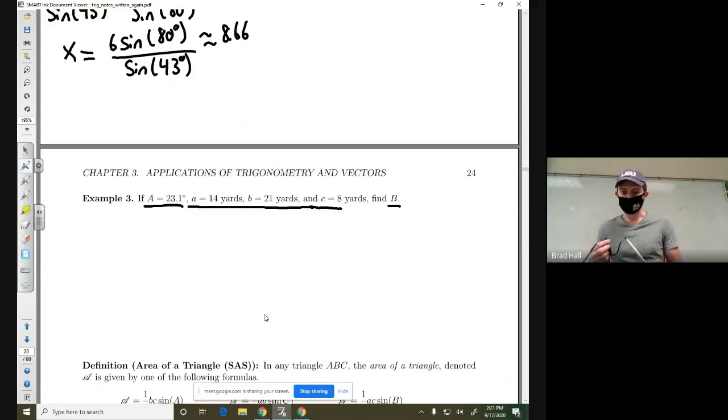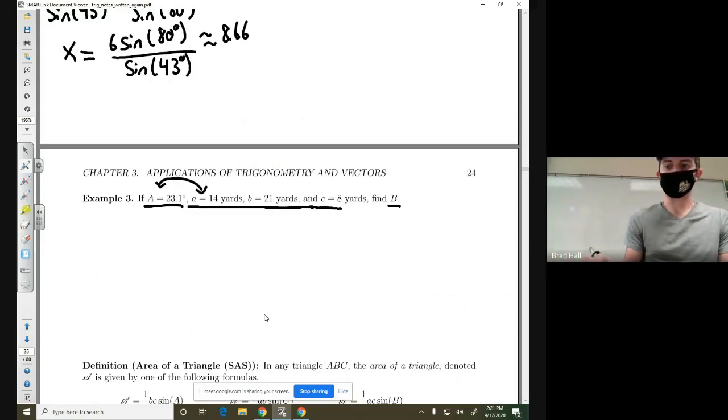Does anyone happen to see it without a diagram? 23.1 and 14. Yeah, this is the completed ratio. That's why they use that notation of little a and big A. It makes it clear that that is the corresponding angle and side.